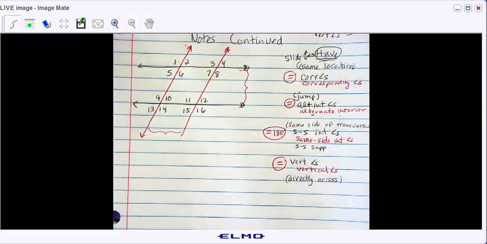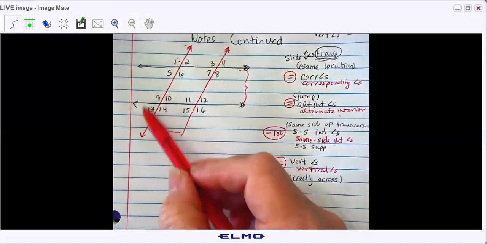So all we're going to do right now for this particular one is give one single example, so that when you're looking back at your notes, you can go, okay, I think I understand how we're getting this. So corresponding angles, like number 1. If I look at angle 1 and I want to slide down, looking at these 4 angles, 1, 2, 5, and 6, it's in the top left-hand corner. If I slide down, I still want the one in the top left-hand corner.